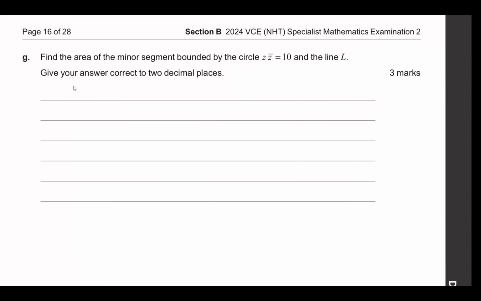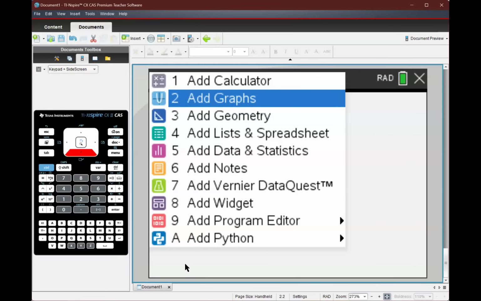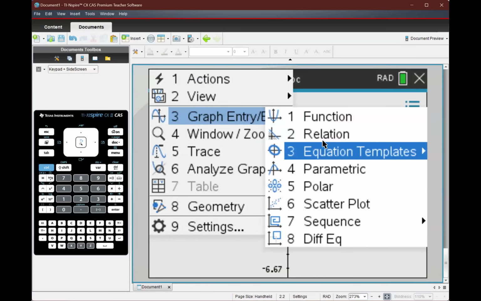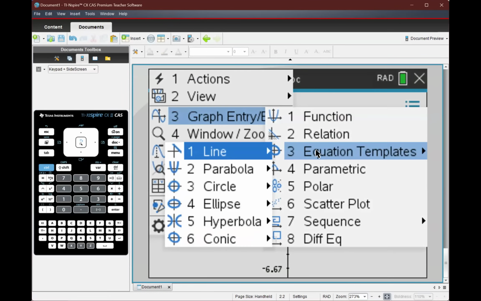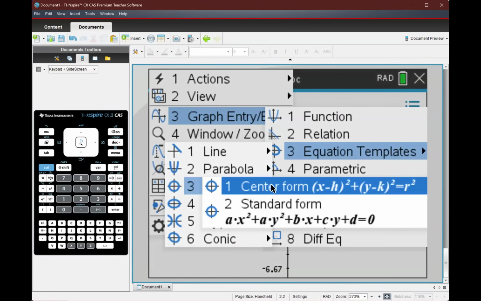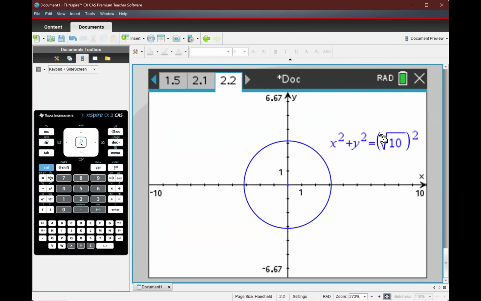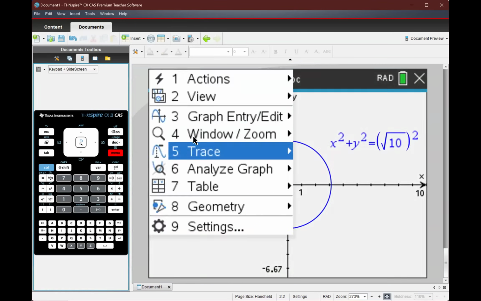What I'm going to do is I'll quickly show you what I would do with my CAS calculator. Z times the absolute value of Z is a circle. Let's get an equation template. Circle, center form, 0, 0, square root of 10. And what about L?